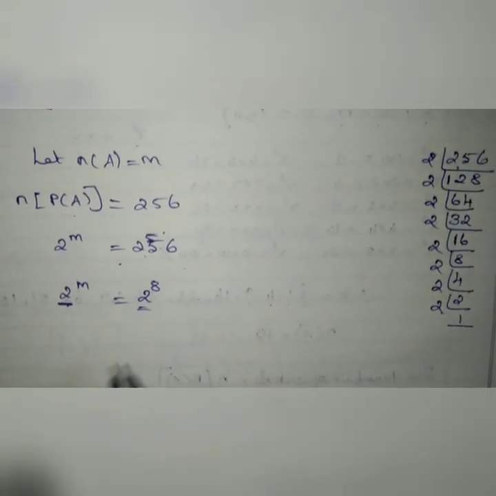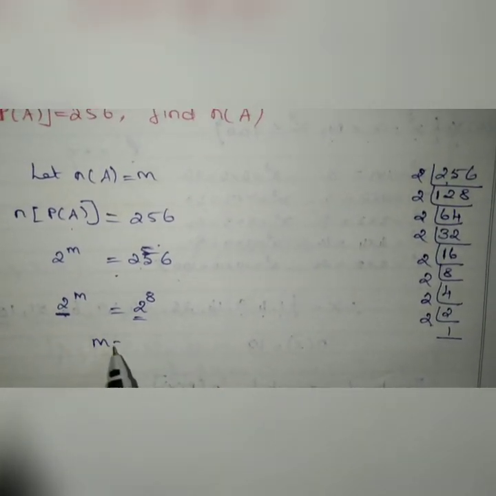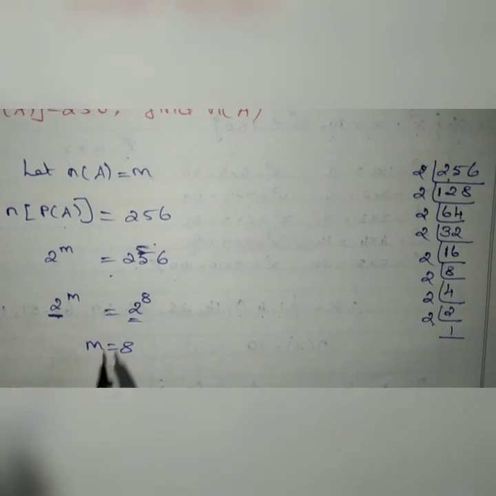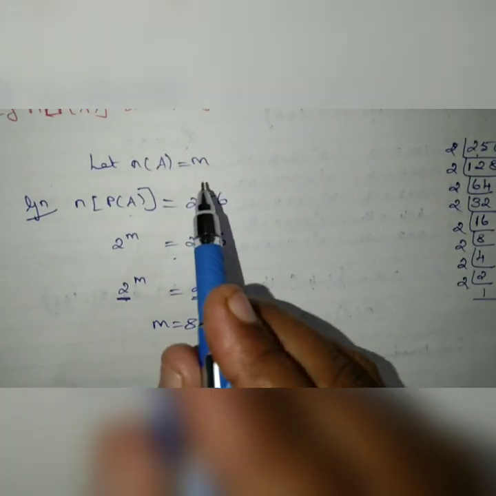Since the bases are equal, the powers are equal, m is equal to 8. What is m? We have taken m as n of A. Therefore, n of A is equal to 8.